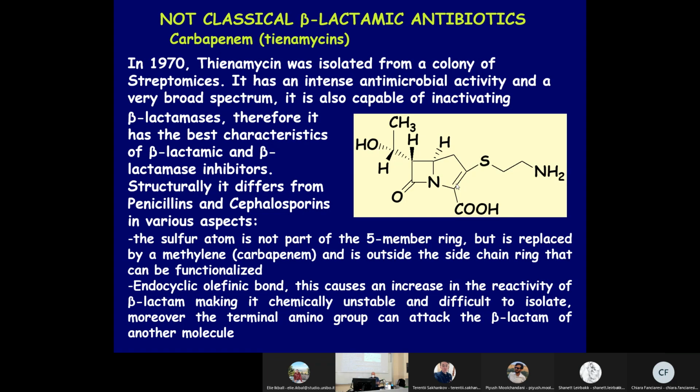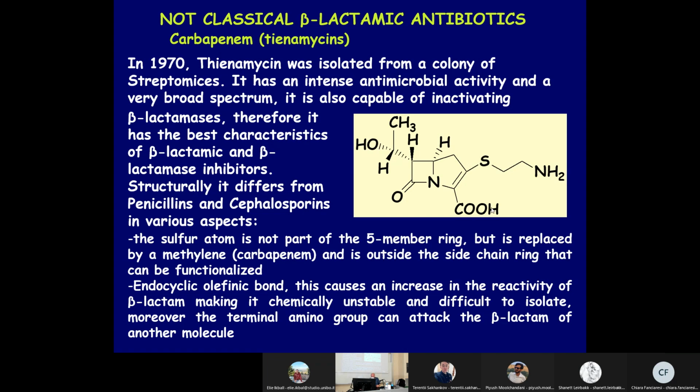So, this class represents a mixed chemical structure between penicillin and cephalosporin. 5-member ring, like in penicillin, double bond, like cephalosporin.